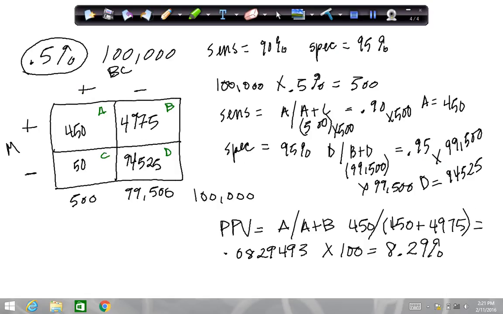With the higher prevalence of 0.5%, our positive predictive value also increases. So you know that if you have higher prevalence in a population, you will have a higher positive predictive value.